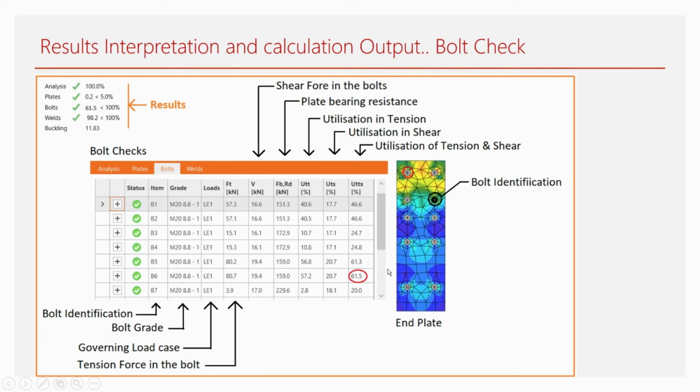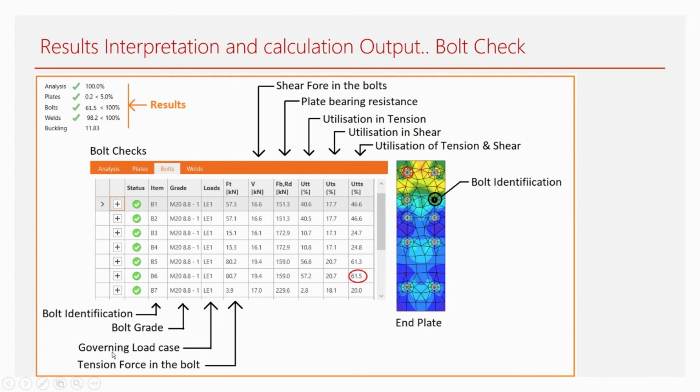B2, B3. Here you can see the in-plate connection, and the bolts are designated by marks like 1 to 10, and each row shows the utilization ratio and the forces carried by these bolts. These are the grades of the bolt, which is user defined.